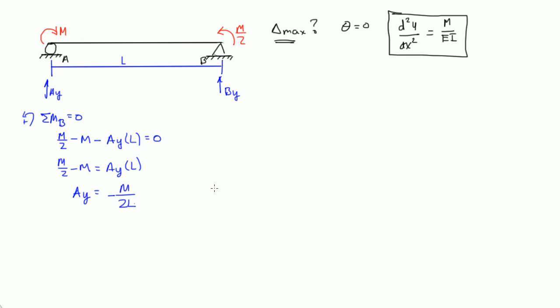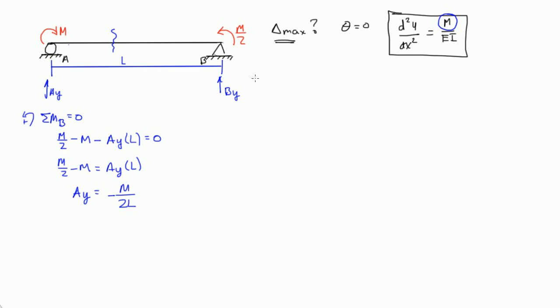Actually, let's not even worry about B, because I'm going to cut this beam at some distance x and look at the left side. We need to figure out what this M is so we can plug it into our double integration formula. M is your internal moment, and that moment is in the form of an equation that will tell us what our moment is at any point between A and B internally.